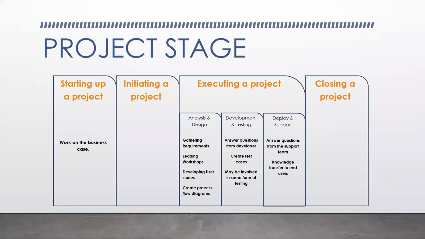They are going to be called different things in different organizations, but whatever they are called, at some point you're going to be starting up a project. After that, you will initiate the project. After initiating it, you would want to execute the project. And after executing it, you would want to close the project. Some of these stages could be broken further down into other stages, depending on the organization, and they may have things like gates within the organization.